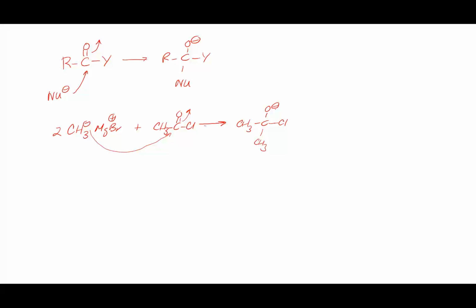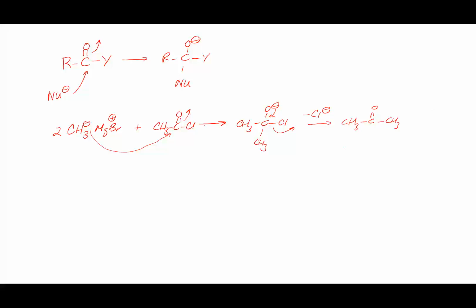Can I bring this pair of electrons back down? Yes, because the chlorine can leave, because there's a leaving group there. So then I lose the chloride, and I end up forming the ketone.